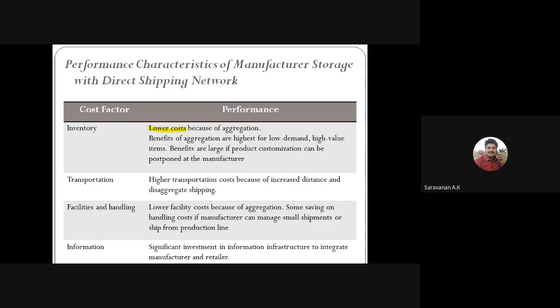The primary point is that we need to carry a lesser amount of inventory if we aggregate the products. This benefit of aggregation is the highest for low demand but high value items.